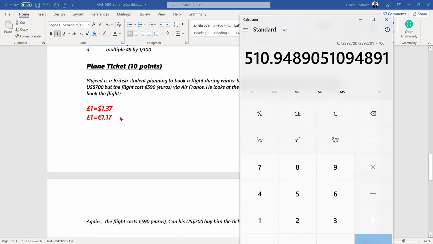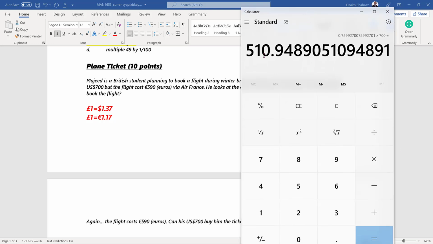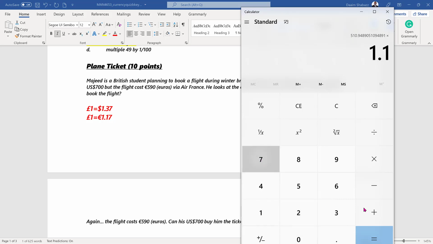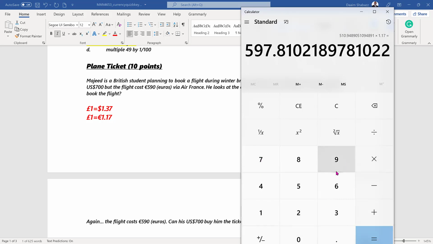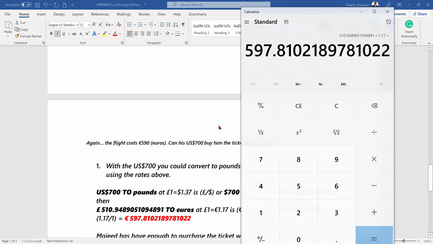You have another quote here. If you know how much 1 pound is equal to, you know how much 510 are equal to. So all you do here is with 510 pounds, you multiply by 1.17 and you get 597 euros.